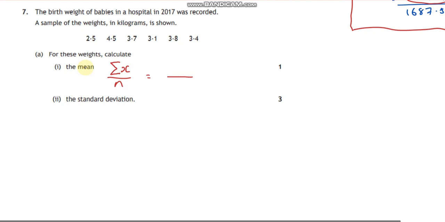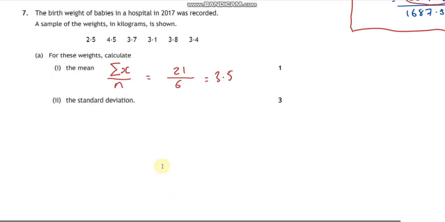So I know I've got 6 numbers, and if I add them all up on my calculator, 2.5 plus 4.5 plus 3.7 plus 3.1, 3.8 plus 3.4, I should get 21 divided by 6 for 3.5. So that's your mean. Add them all up and divide. Nice, easy numbers there. And then we do standard deviation.